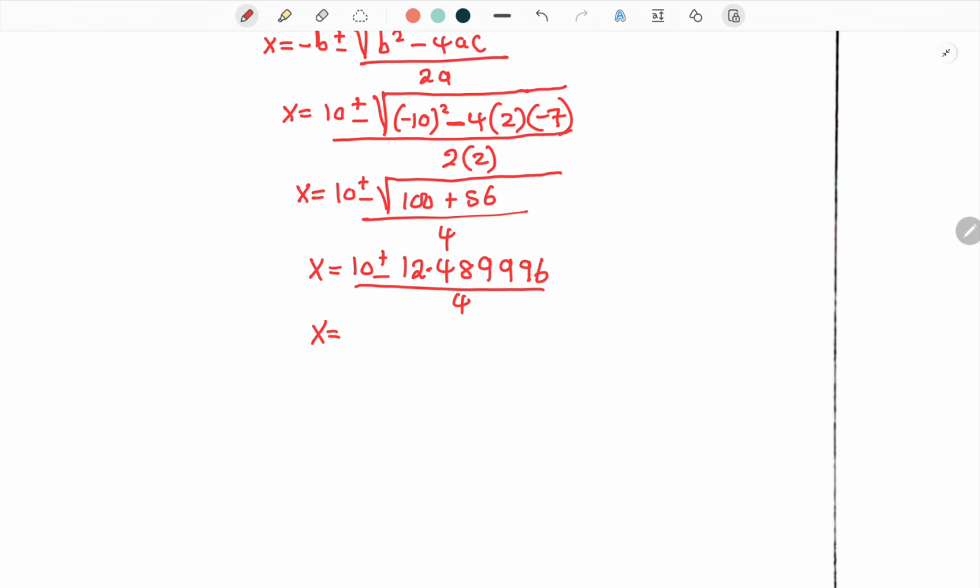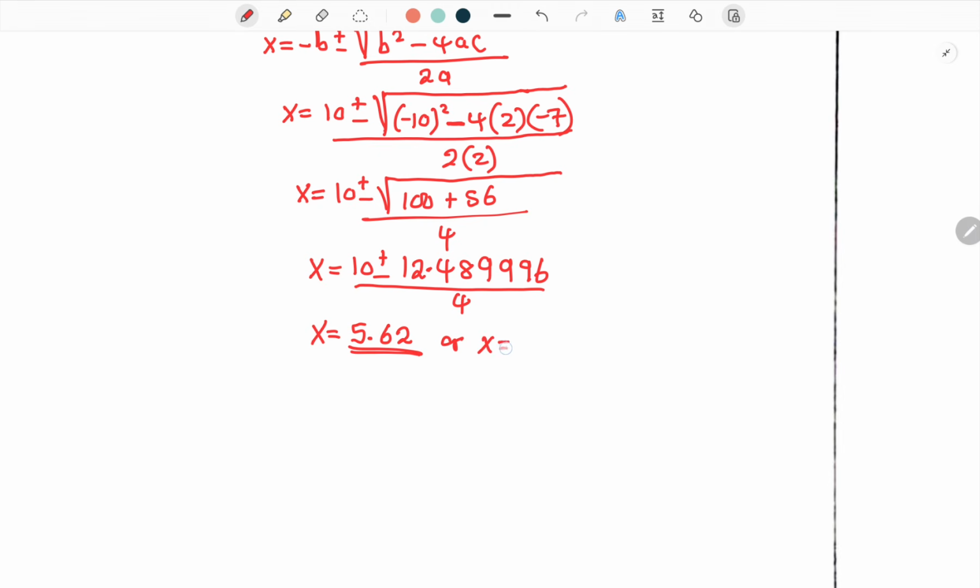Whenever you reach here, you can now add. We start with 10 plus 12.489996, and we get 22.489996. You divide by 4, and you get 5.62. They were saying to do decimal places, so this is your answer.